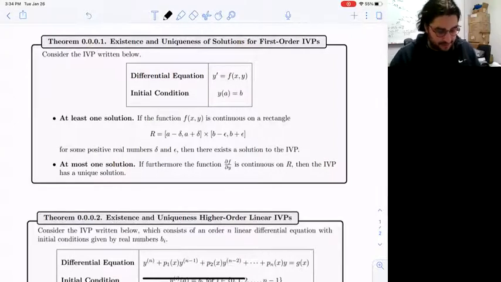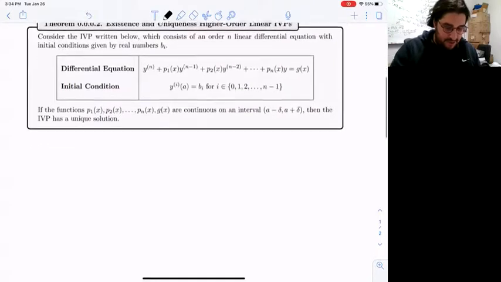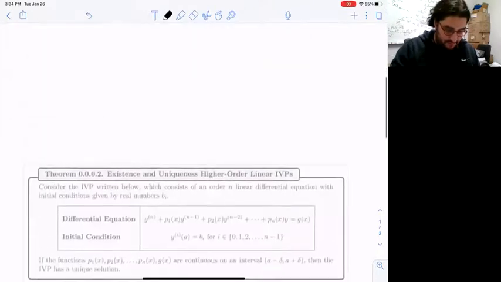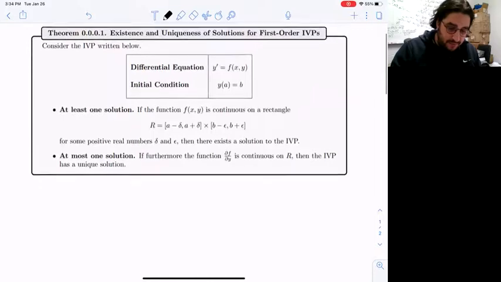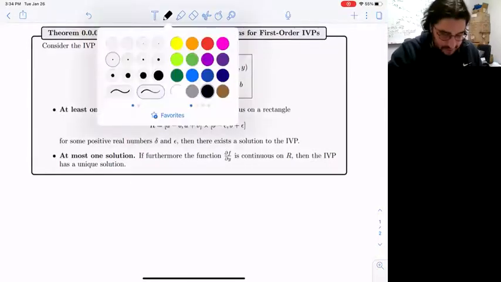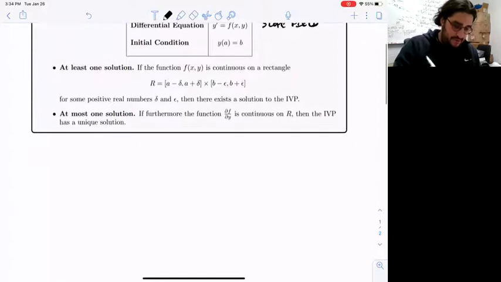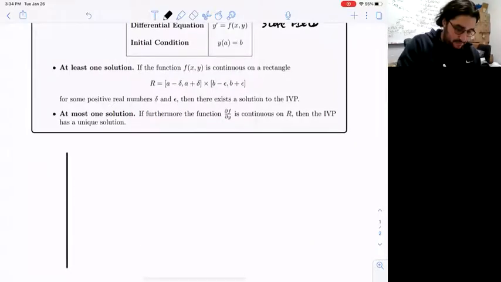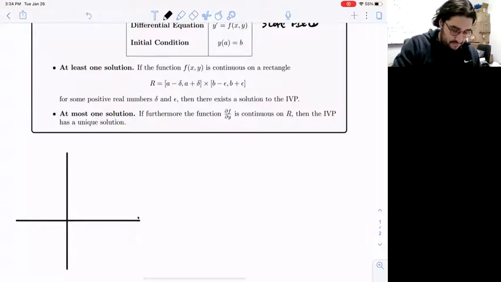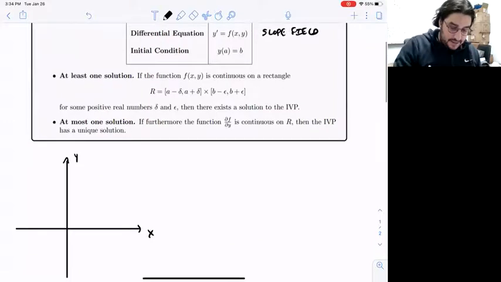What do we have here? We have a differential equation, right? y prime equals f of x, y. As soon as you see that, what do you want to picture? You want to picture a slope field, a direction field. So imagine this as a slope field: you have some x and y and some function f of x, y that is specifying a slope at each point.